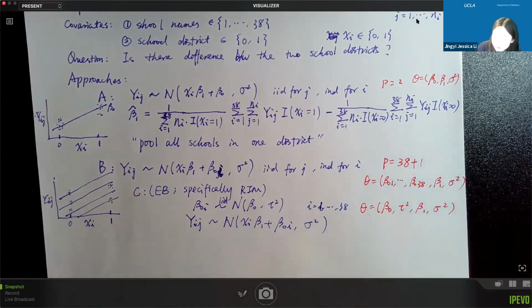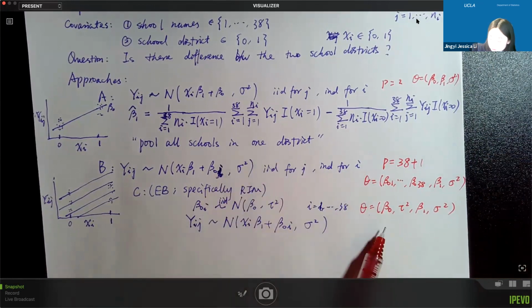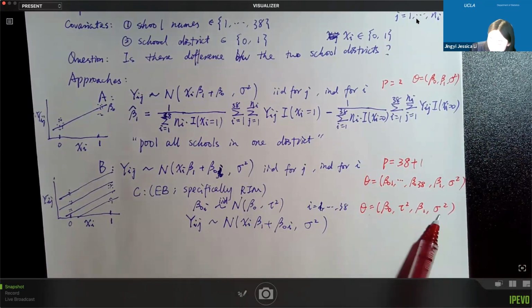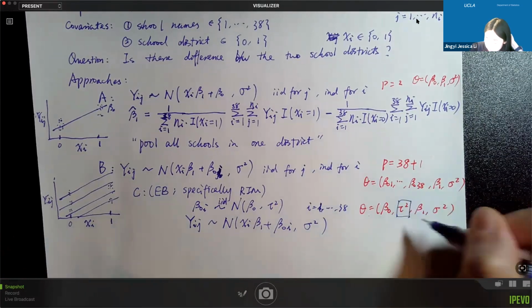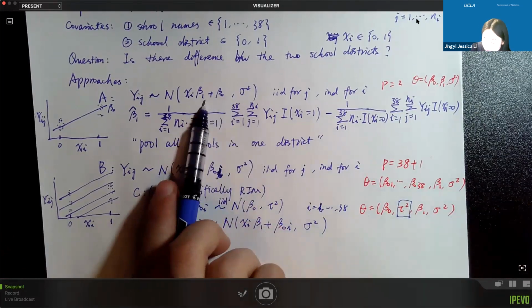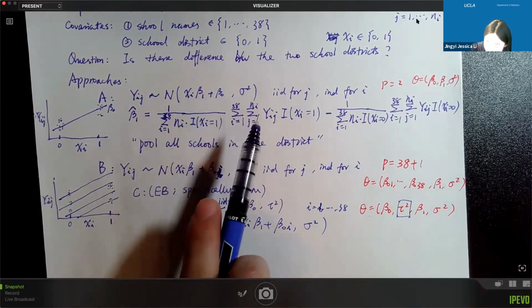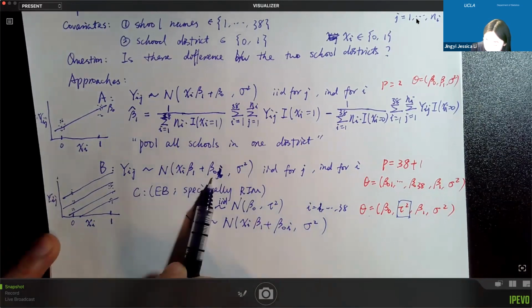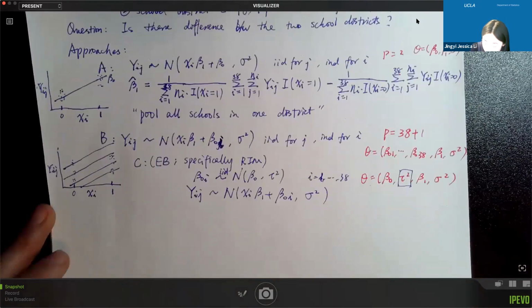So you see, compared to approach B, we have a lot fewer parameters, right? And compared to approach A, we only added one additional parameter, that's tau square. So in other words, under approach A, we are essentially assuming beta 01 to beta 038 are all equal.